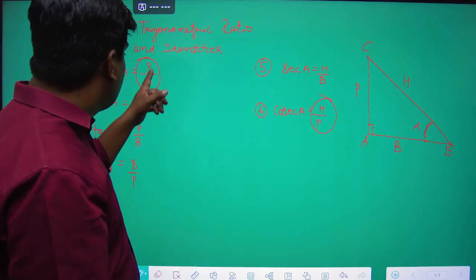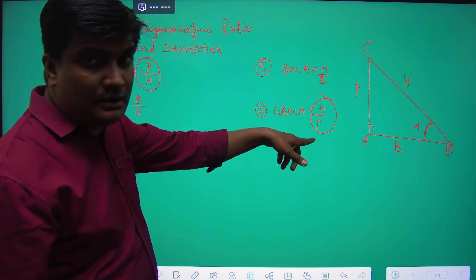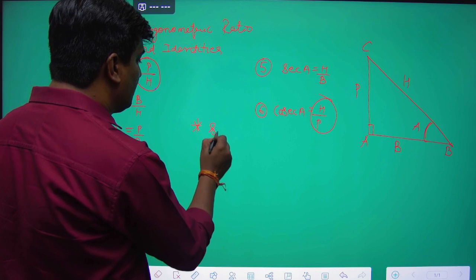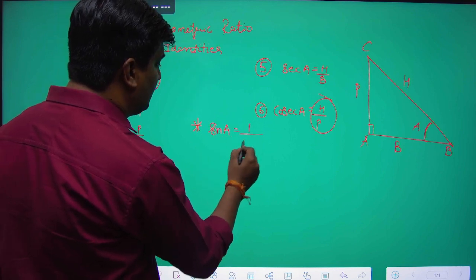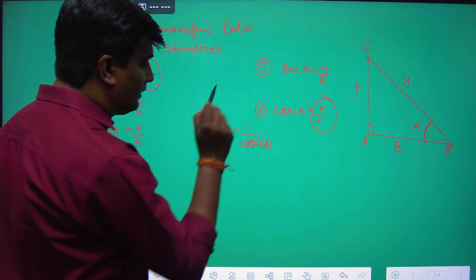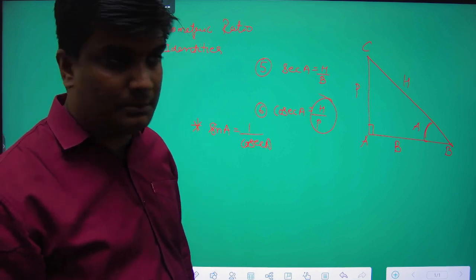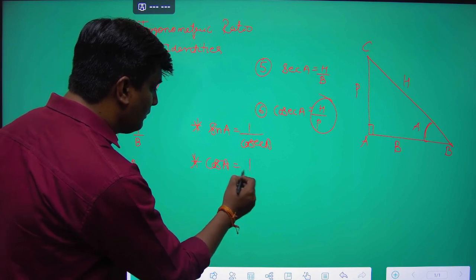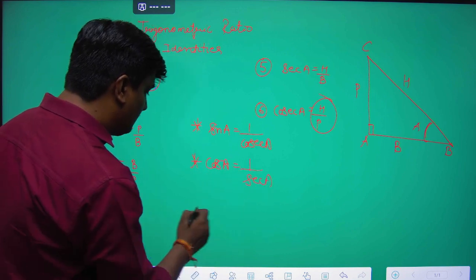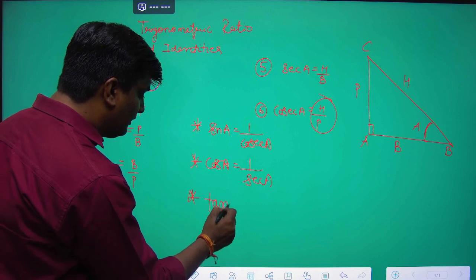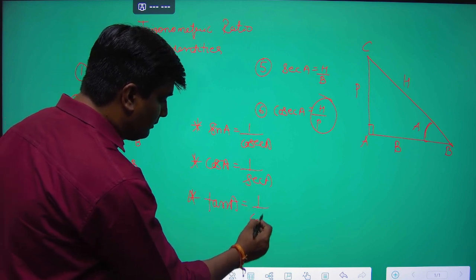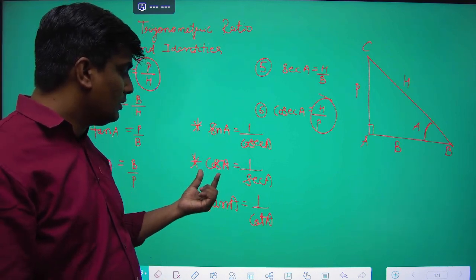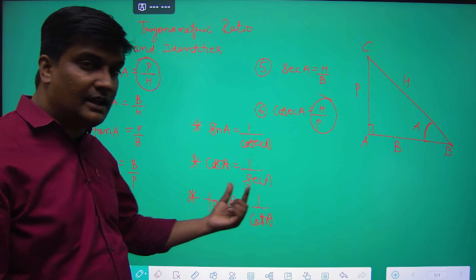Okay, P upon H, reciprocal is H by P. Now we can say that sin A is the reciprocal of cosec A. So the new formula is sin A is equal to 1 upon cosec A. The second is cos A is equal to 1 by sec A. The third is tan A is equal to 1 upon cot A.